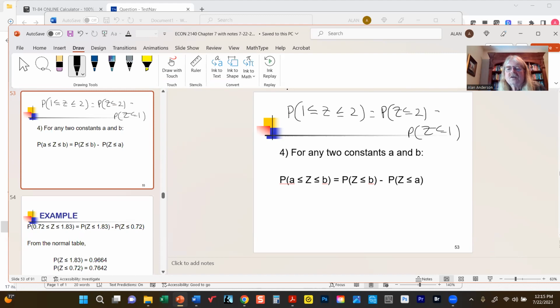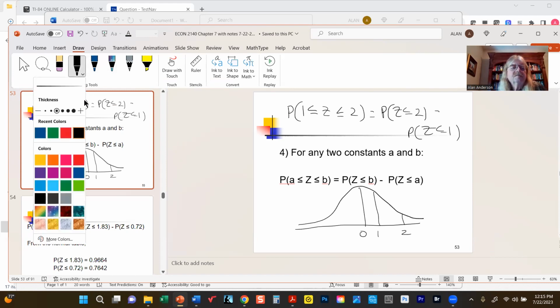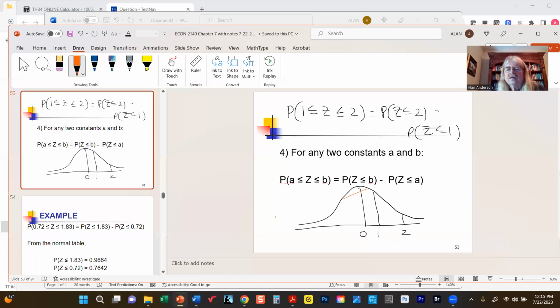Because what you're actually doing is this. Imagine the area less than or equal to 1 would be, let's say, here.